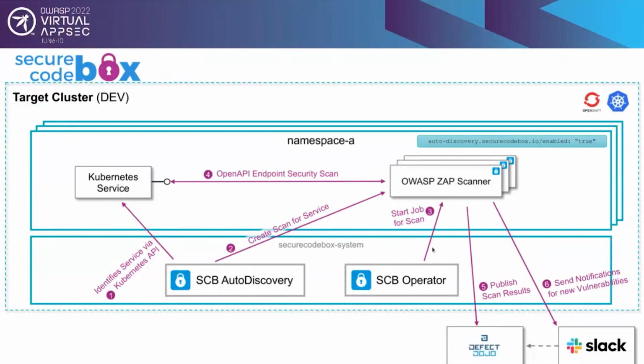Then the OWASP instance will be configured and started to go against the Kubernetes service which has been deployed. You will identify findings, and these are getting uploaded to DefectDojo, and findings which are not handled are getting handled by sending out notifications, for example, via Slack or RocketChat.